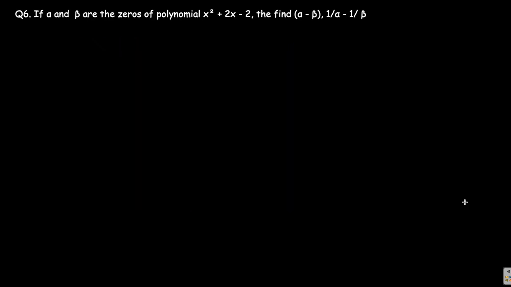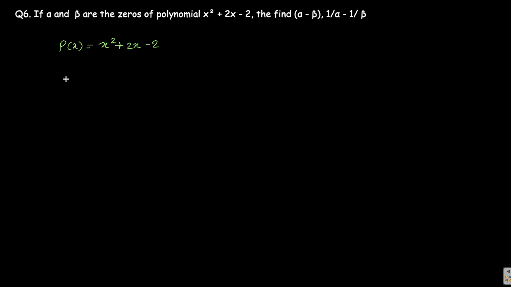If alpha and beta are the zeros of the polynomial x square plus 2x minus 2, find 1 by alpha minus 1 by beta. So p(x) is equal to x square plus 2x minus 2.